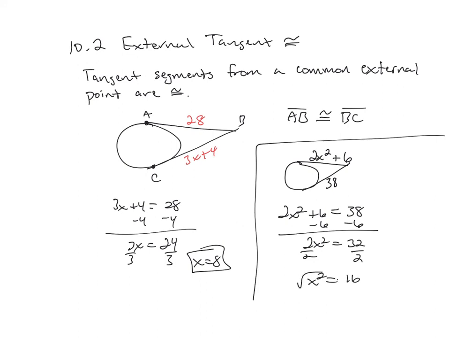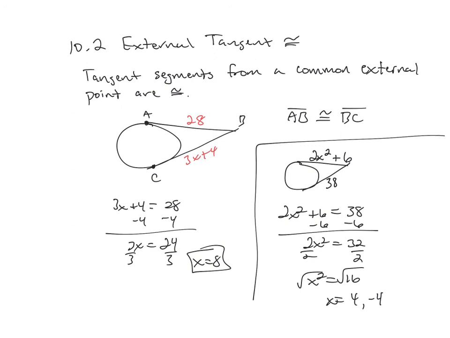Okay, when you do the square root, remember that when we're solving something, like a lot of you would have just said, oh, the answer is 4. But what we're trying to find is, well, what number can I plug in for x? And the problem will be true. Can I put 4 in for x? 4 to the second power is 16. 16 times 2 is 32. 32 plus 6 is 38. Yeah, that works. But square roots really have a positive and a negative answer, because negative 4 to the second power is also 16.